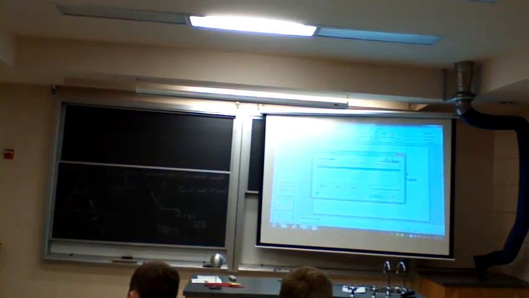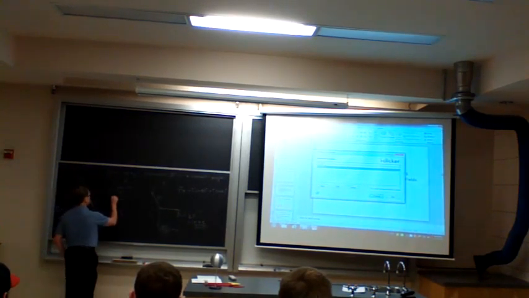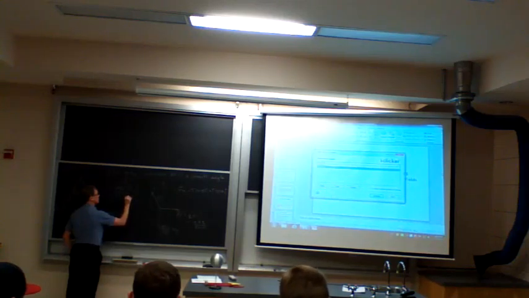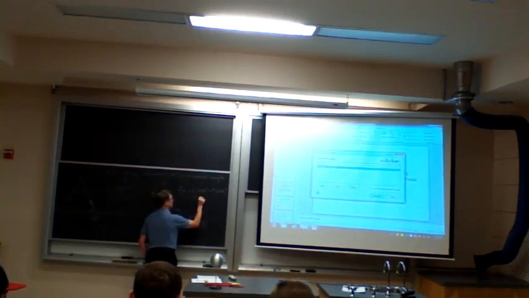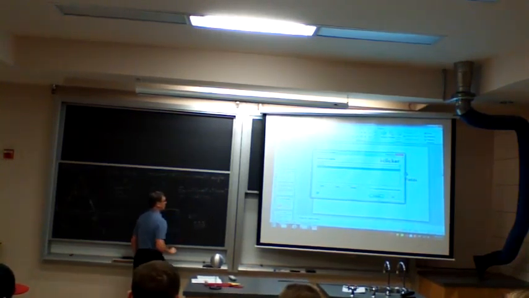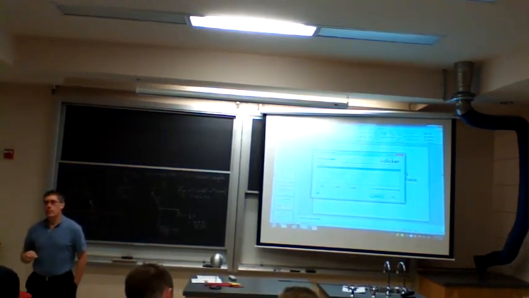So for a very small angle, sine theta is equal to theta, assuming theta is measured in radians. Our life becomes a lot easier at that point.